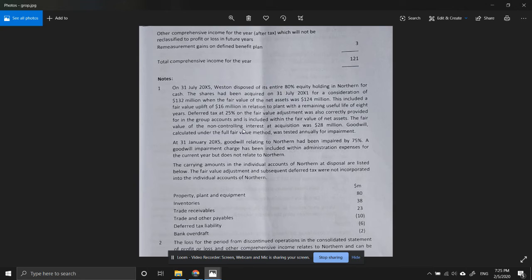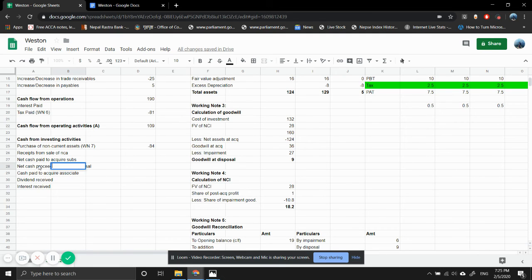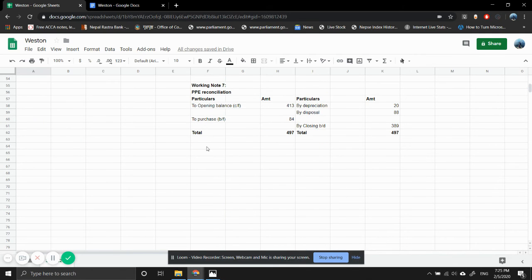Acquired for this figure. Okay, so this is again another interesting thing. This is not there, so we have to find it out. The question has not given us how much cash we got from selling, so that will basically be a balancing figure.